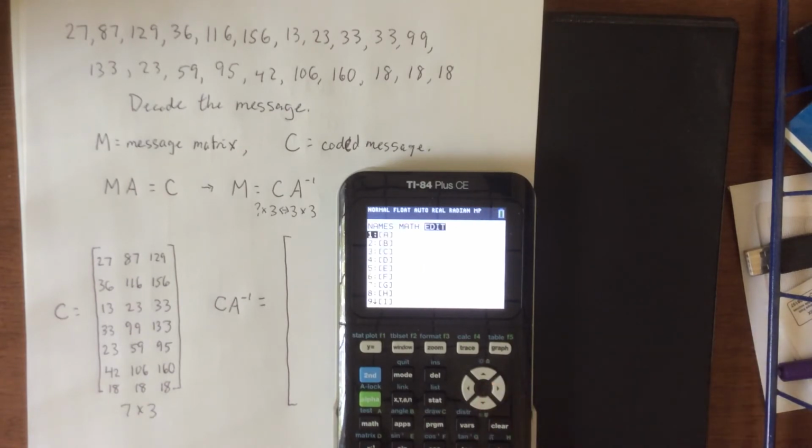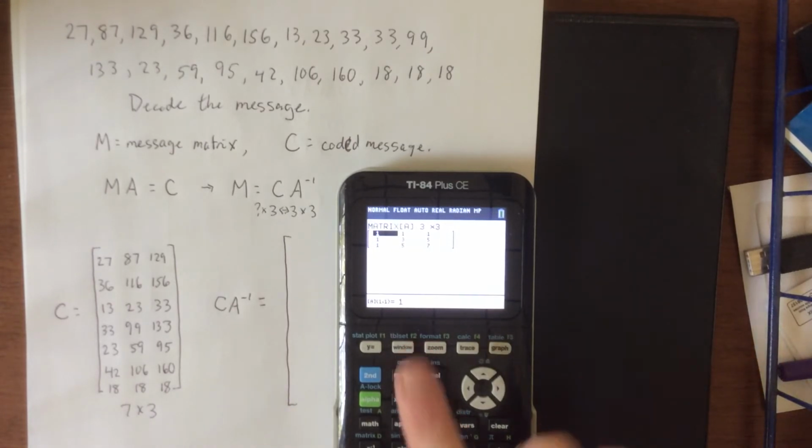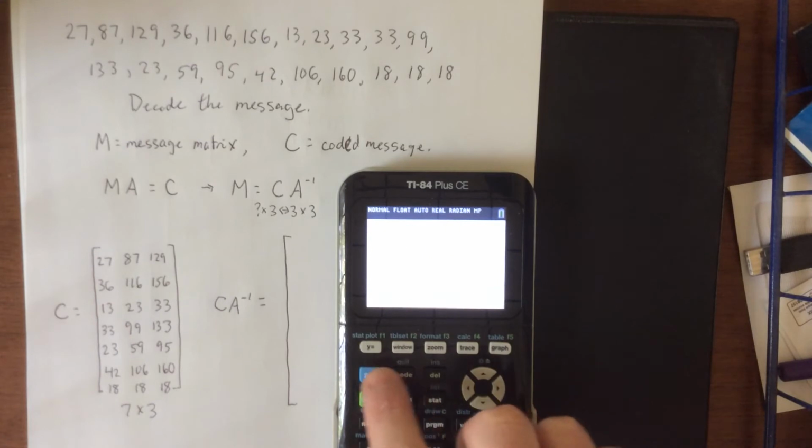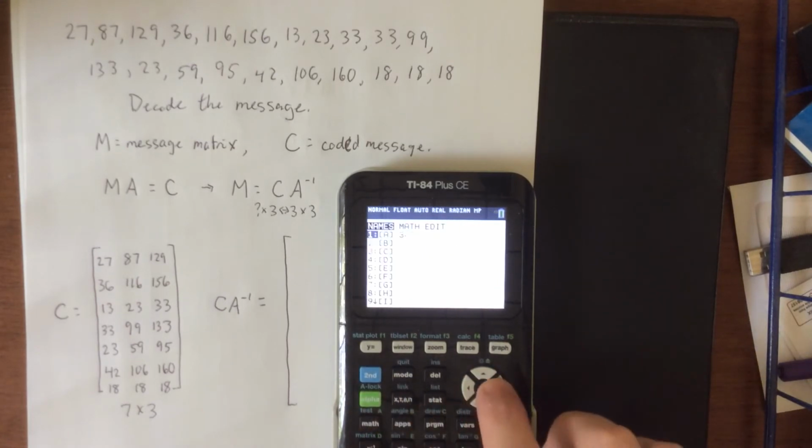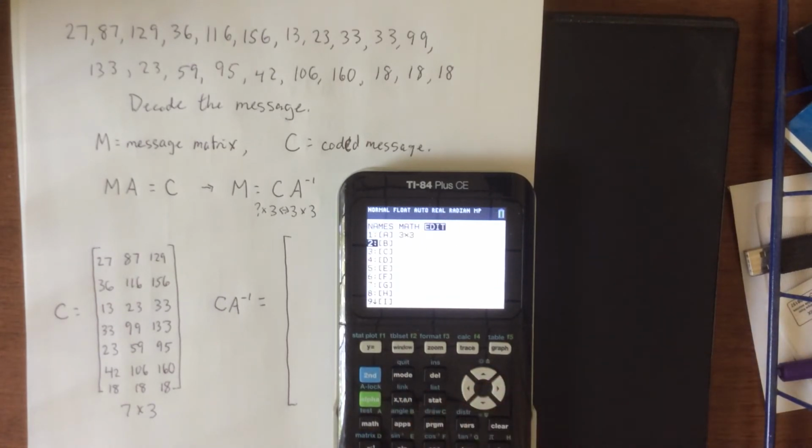First we'll edit a 3x3, and use this as the coding matrix. That was 1, 1, 1, 1, 3, 5, and 1, 5, 7. That's looking good. We'll quit out of here, and then re-enter the matrix menu to edit matrix B.